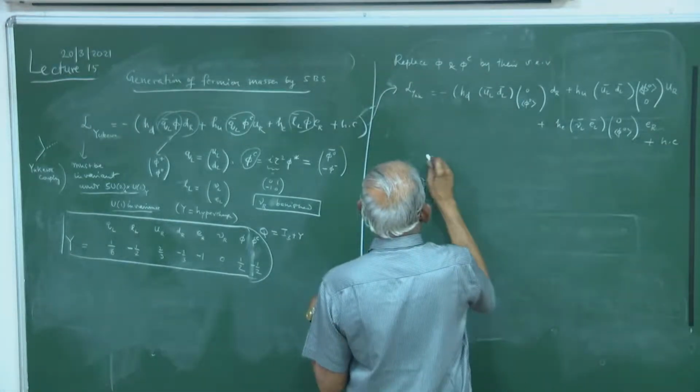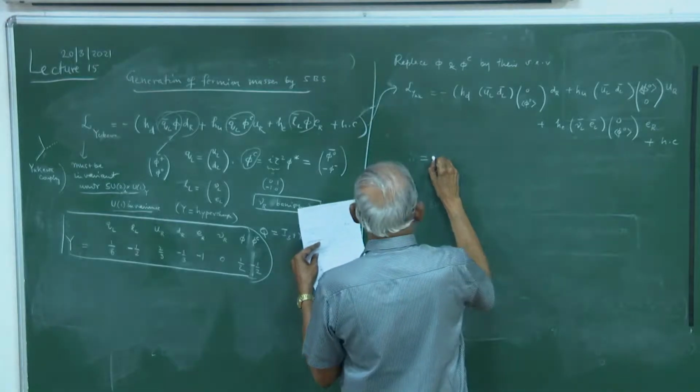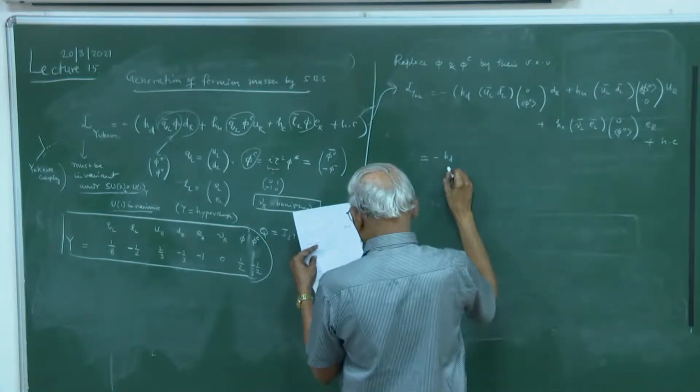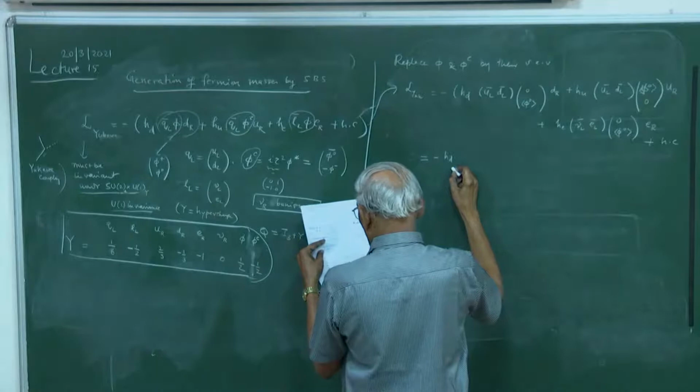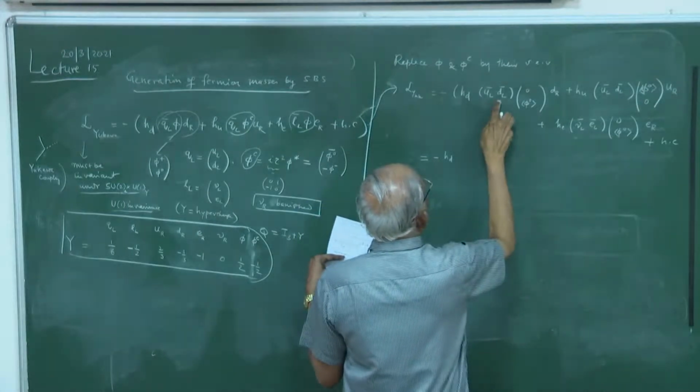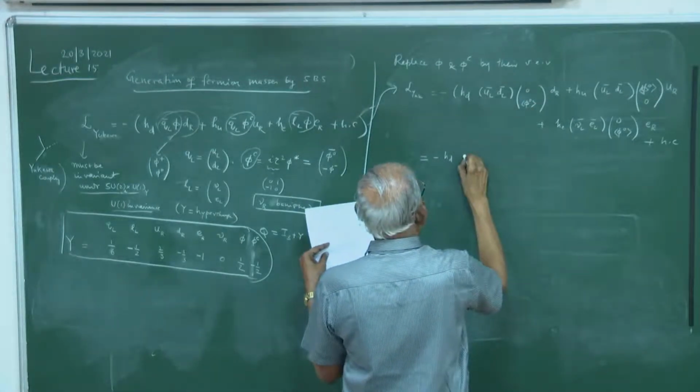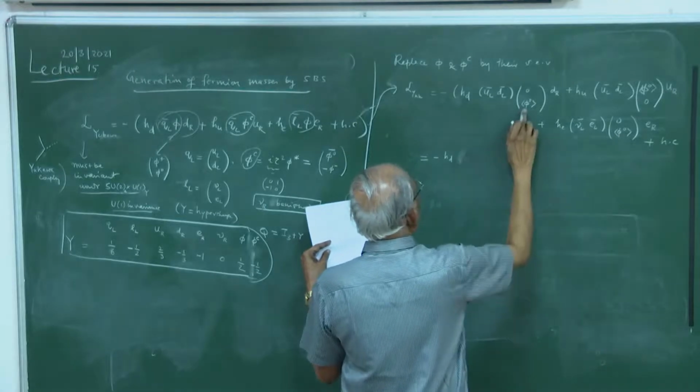So if you do these matrix multiplications, you get minus HD, dL bar into dR will come. So phi 0 will come.